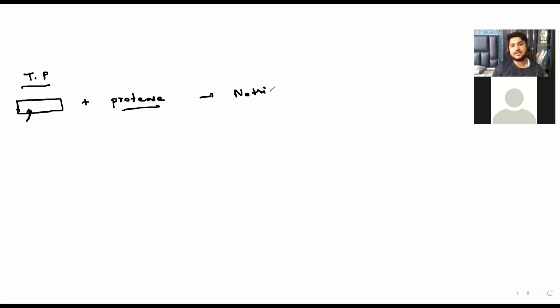So if nothing happened, just tell me, does that liquid, that strain, contain the protein or not? No. No, because if it contained the protein, in the presence of protease its structure would rupture, but nothing happened, it remained as it is. So because of this, protein can be genetic material.